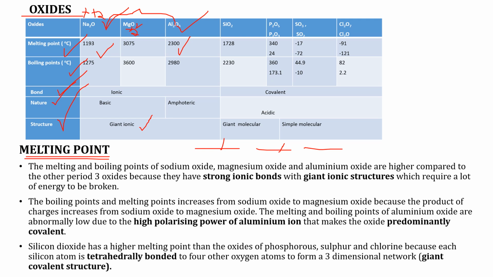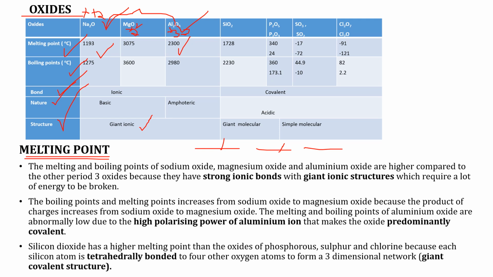Going to aluminium, it's the same case. Aluminium is going to have a charge of +3, and oxygen is going to have 2. So 2 times 3 gives 6. So aluminium oxide has a higher melting point than magnesium oxide because the product of charges is higher in aluminium oxide.